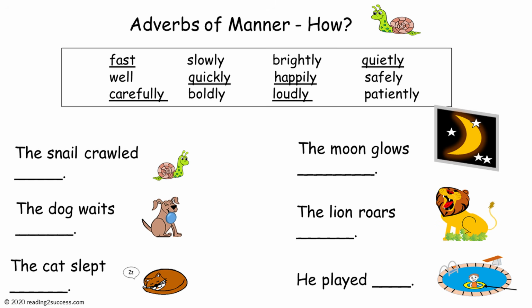Now have kids fill in the adverbs for the rest of our sentences. The ones that were underlined, fast, carefully, quickly, happily, and quietly, were used in the past example. So now have kids use the adverbs that are not underlined to make the sentences complete.